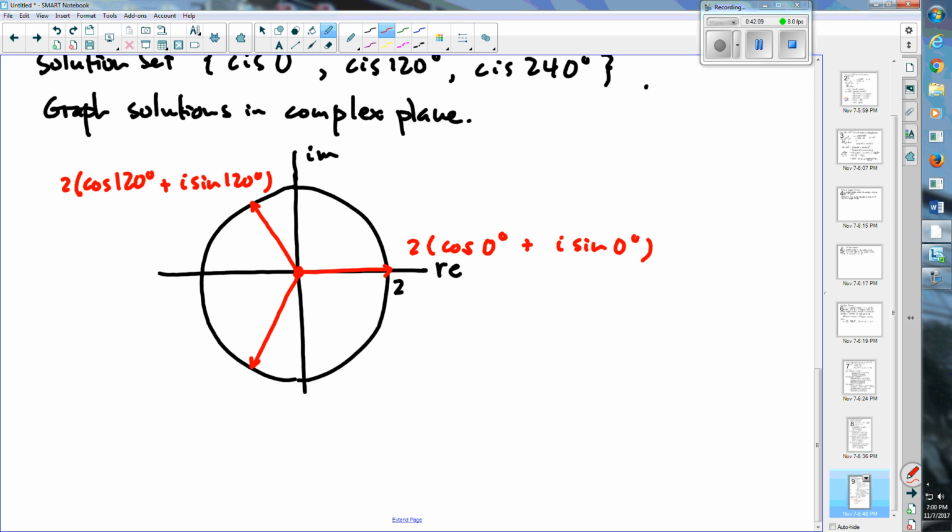So there's the vector at 240 degrees, and we can write this as 2 times the cosine of 240 degrees plus I times the sine of 240 degrees. And they are the 3 solutions. They're equally spaced around the complex plane.